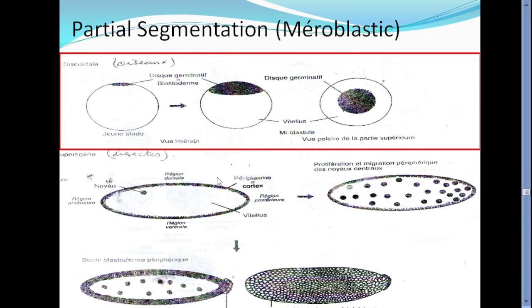But in the case of insect egg, it is superficial, so it's only, as you can see, a part of the cell that divides. Here it is this part, and here it is only the nucleus that divides, because it is charged in yolk. So I hope that you understand me.